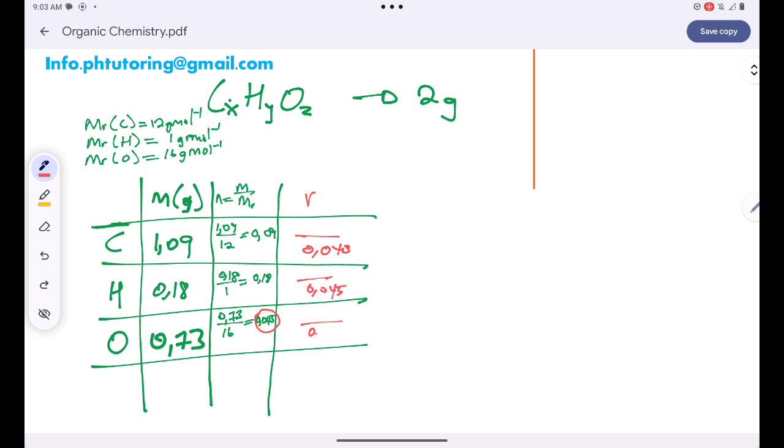So I had 0.09 for carbon, 0.18, and then 0.045. Whenever I write down my ratios, guys, I must always round off to the nearest whole number.